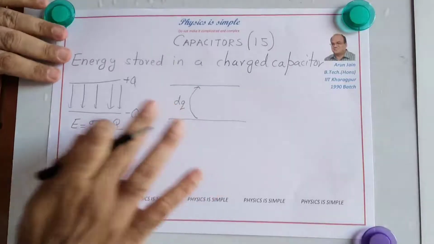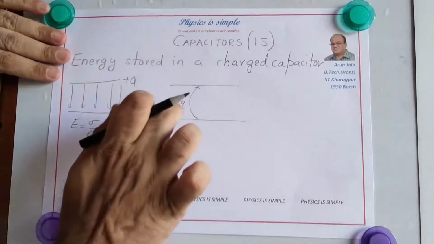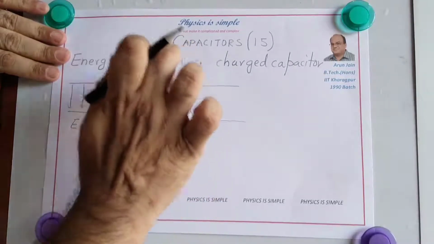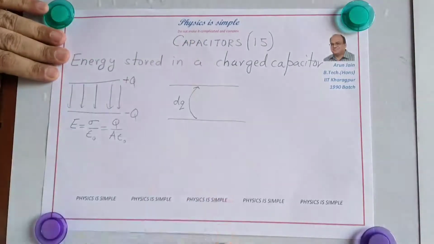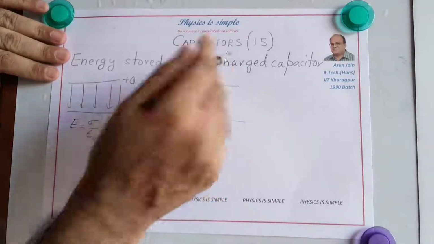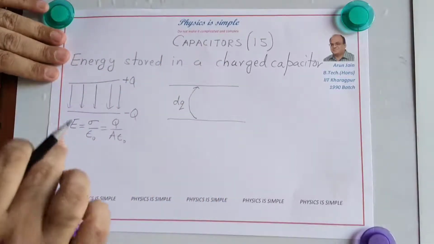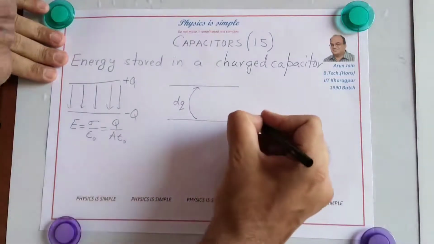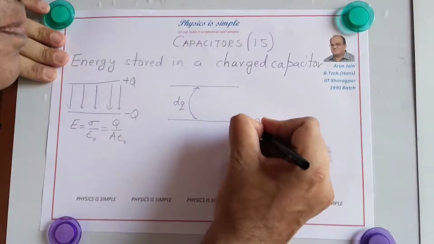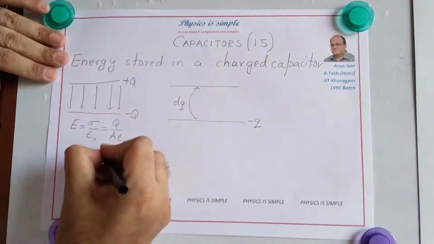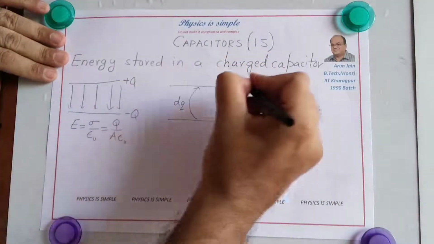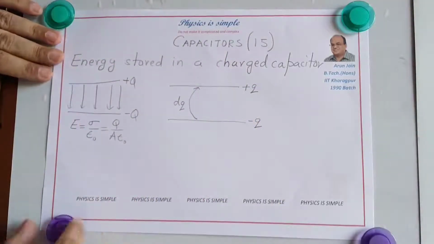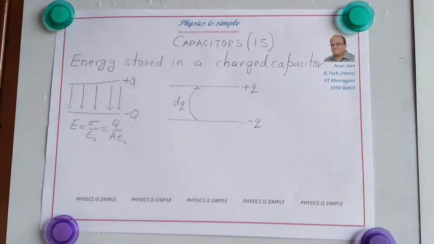Now at this instant, when he is taking charge dq from the minus plate to the plus plate, he is doing some positive work because this dq does not want to go there. At that instant, suppose the charge on the minus plate is minus small q and on the plus plate is plus small q.